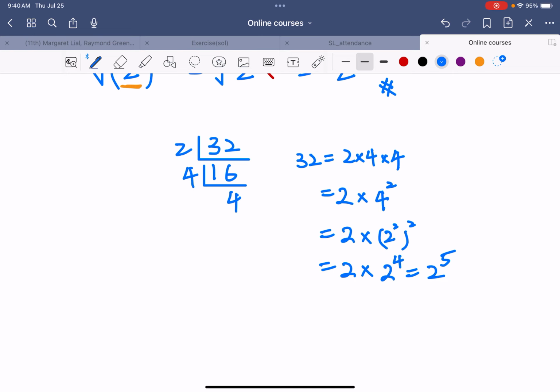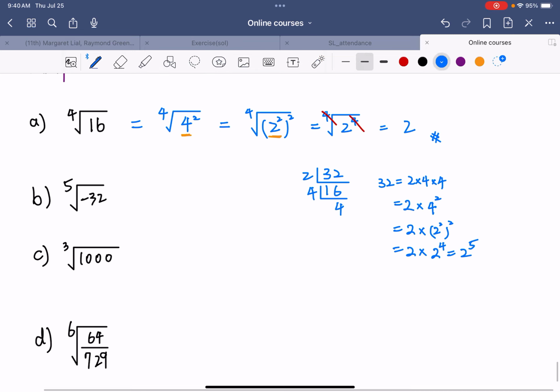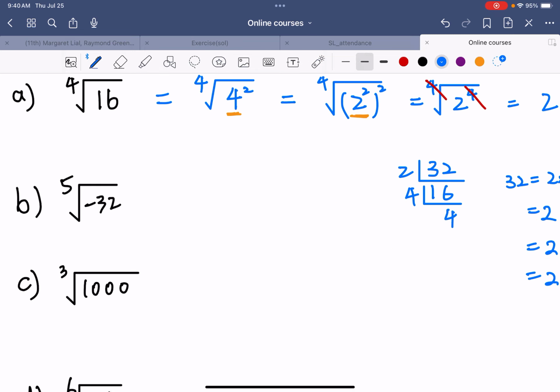Because we are doing multiplication of two numbers with exponents, and by doing multiplication the exponents will add. So here 1 plus 4, we get 5. So actually we can replace this, but remember the negative sign here.